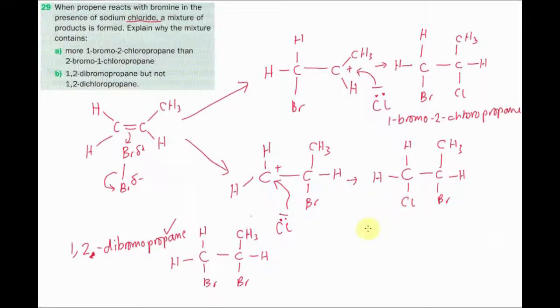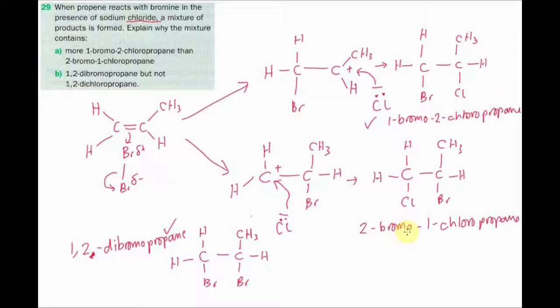And on here we've got 2-bromo. Remember, we put the bromine before the chlorine because it's alphabetical order. 1-chloro, the chlorine's on position 1, propane. So is that what it says? It says we got more of 1-bromo-2-chloropropane than 2-bromo-1-chloropropane. So we've got more of this than that, and we've got to explain why.